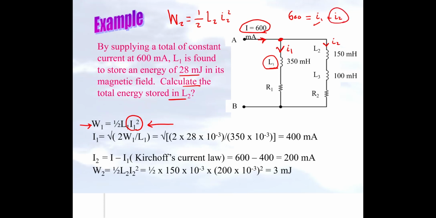Now we can get I2 as 600 milliamp minus I1. So here we compute I1 from the energy and solve for I2. Once I have I2, the energy would equal 1/2 L2 I2 squared. We substitute the numbers here and we end up having 3 millijoules.